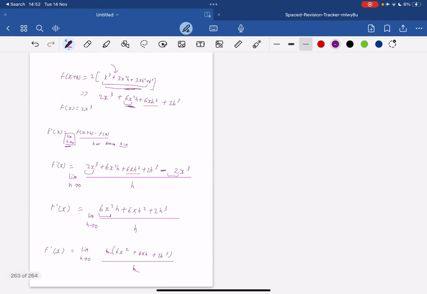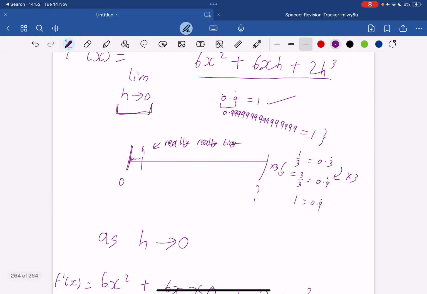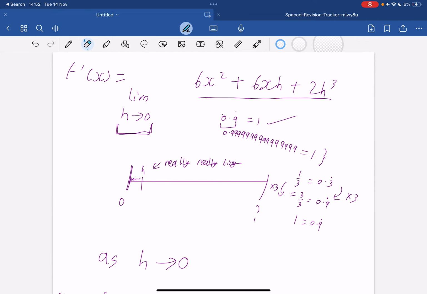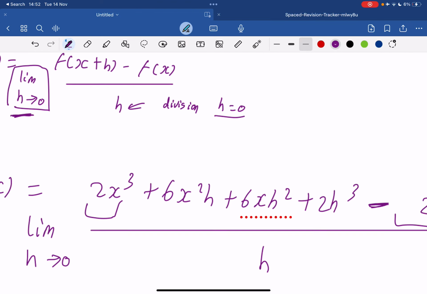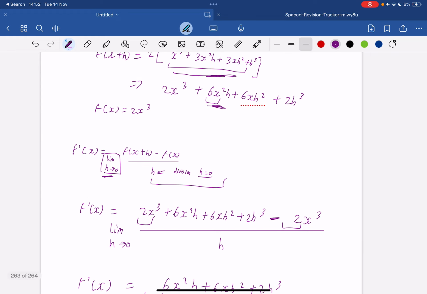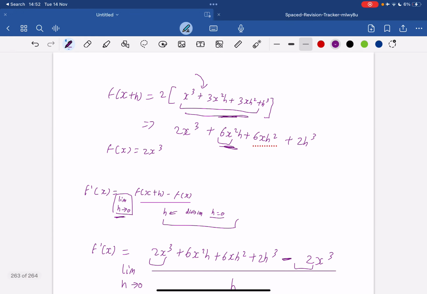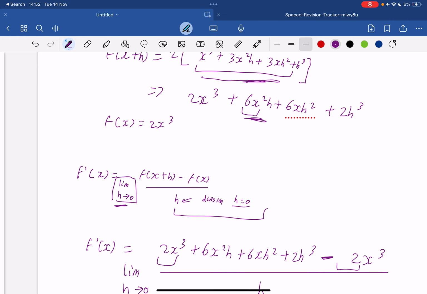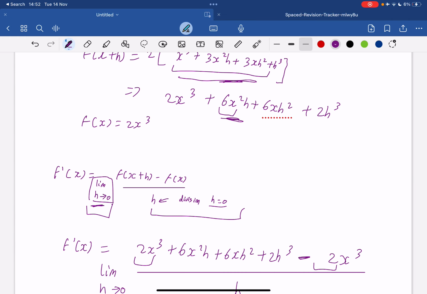Just remember, these limits are like fail-safes. The whole point of this limit is to prevent the complication of this division by 0. Because they technically say dividing by 0 opens up a black hole. Whatever you think, you just can't divide by 0. That's why we introduced this limit as h approaches 0.